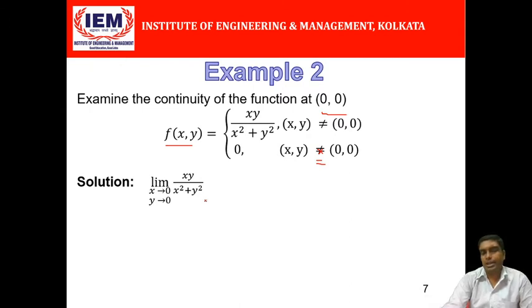What I'll do here is approach this point (0, 0) by one straight line. If I plot this here, you have the x-axis here, the y-axis here, and (0, 0), the origin, is where we are finding the continuity of this function.